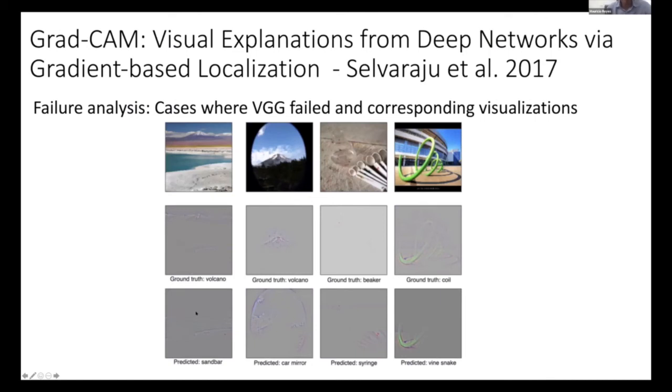So that system didn't actually use the information in the image to detect the volcano. Over here you see an image. This is also a volcano, but the system actually picked up on the edges, and that gave the impression to the model that this is a mirror, right? So this shows us effects or biases in the data, or confounders, that are fooling the network.